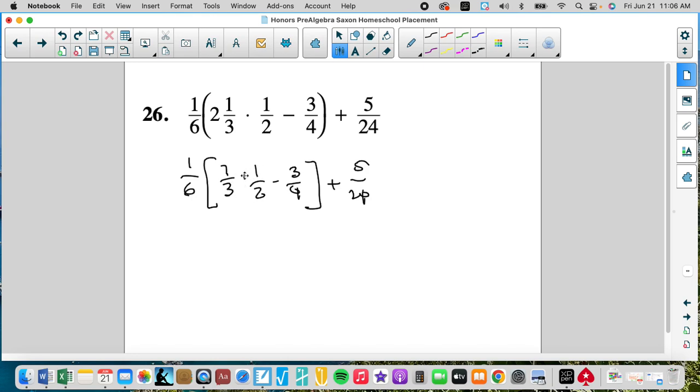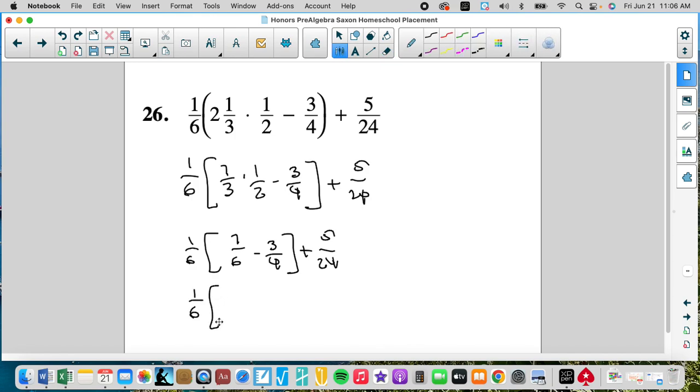So nothing, we're going to do multiplication before addition and subtraction. Nothing cancels, so we can't simplify that. So that's going to be 7/6 minus 3/4 plus 5/24. So we need common denominators.